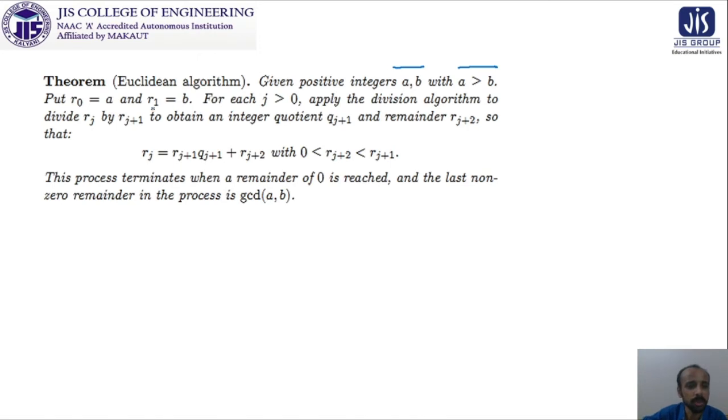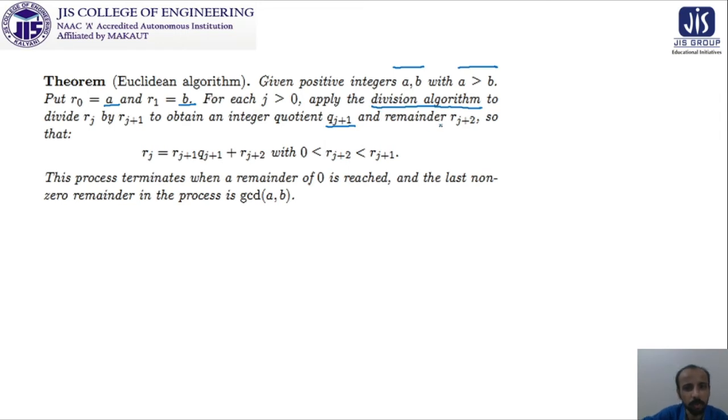We put R0 as a and R1 as b, because this 0 and 1 will help us make it iterative. And for each j greater than 0, we apply the division algorithm, which is already discussed in your class, to divide Rj by Rj plus 1, sequential division, and obtain the integer quotient Qj plus 1.